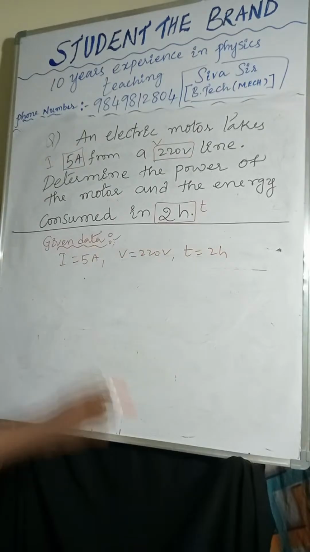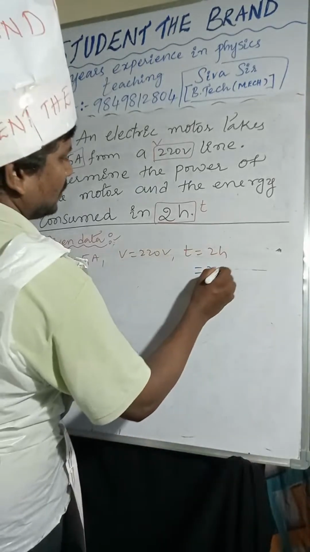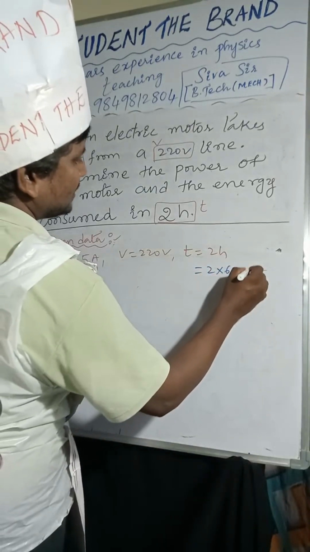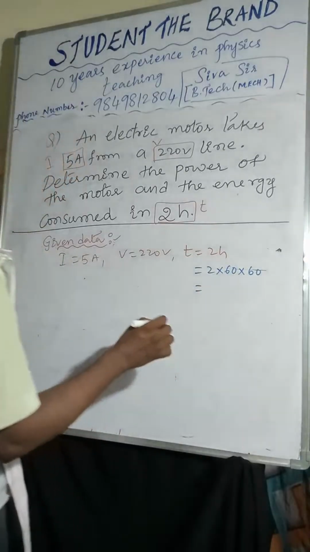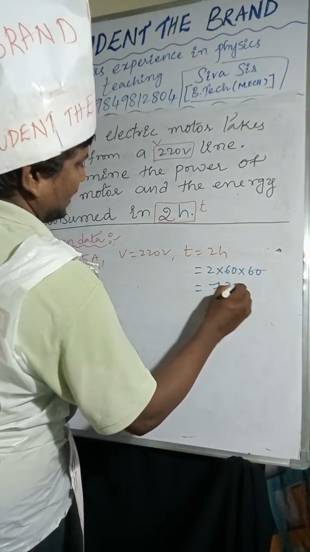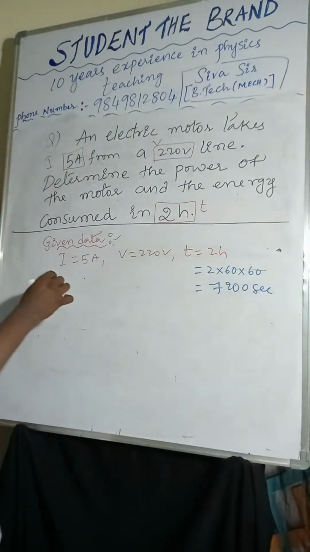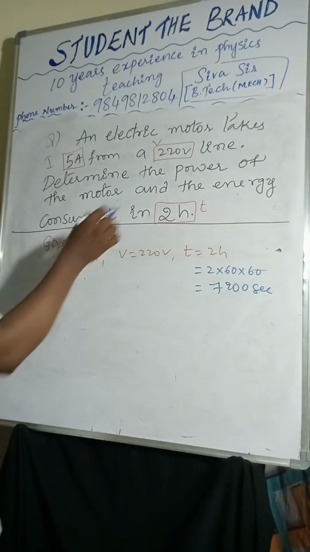We must convert the time to seconds: 2 into 60 into 60, which is 7200 seconds.